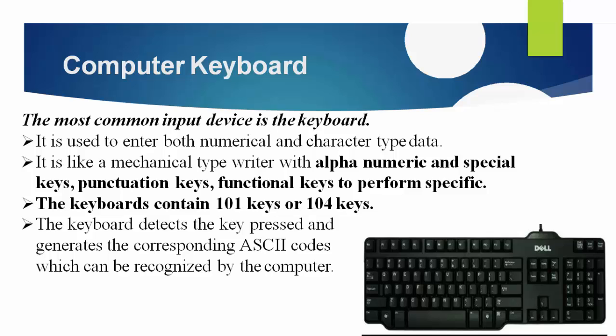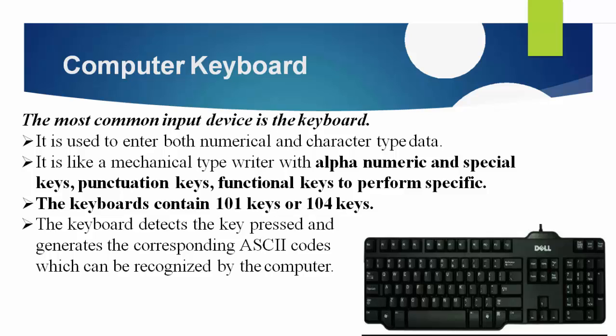The keyboard detects the key pressed and generates the corresponding ASCII code. Each key has its own ASCII code. For example, the ASCII code of capital A is 65 and the ASCII code of capital B is 66, and so on.